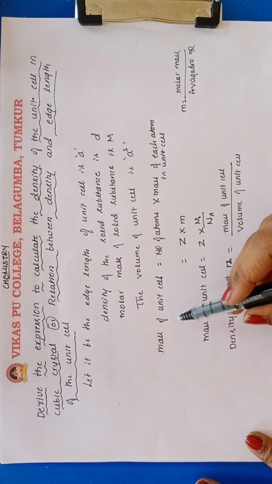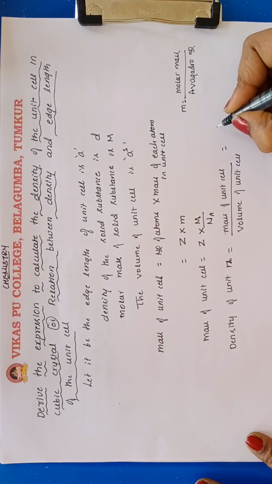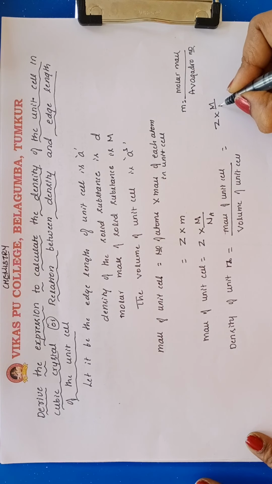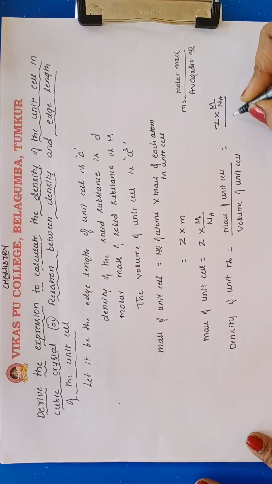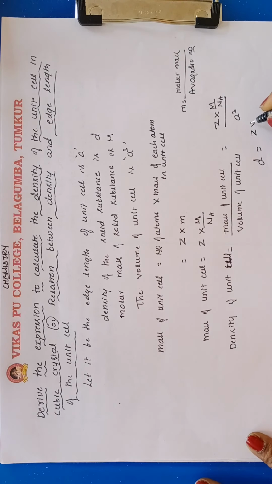The volume is a cube and the mass is Z times M divided by Na. So d, the density of the unit cell, is equal to Z times M divided by a cube times Na.